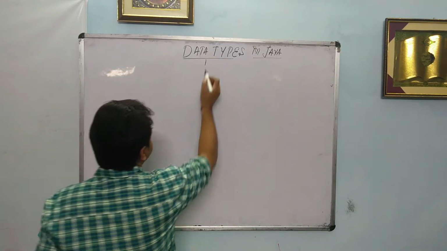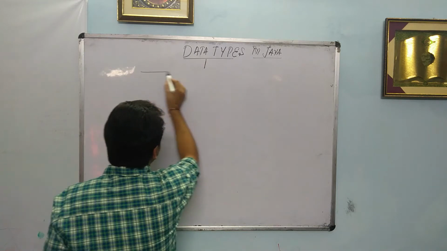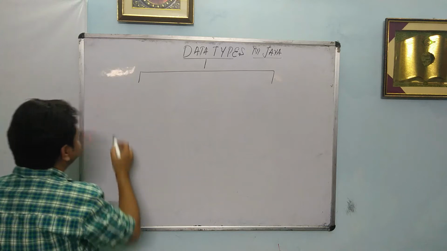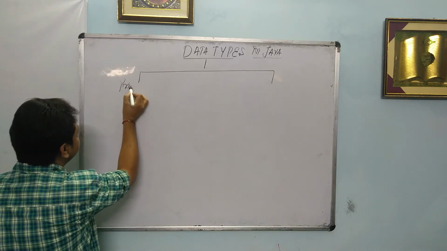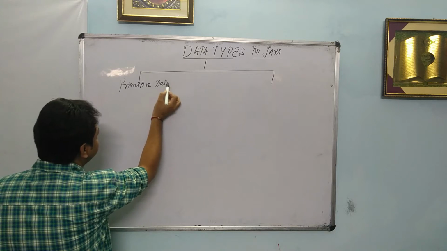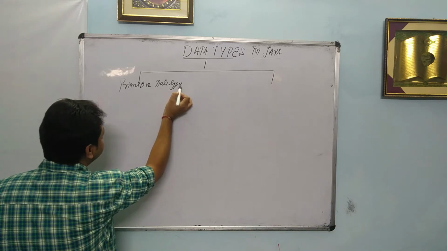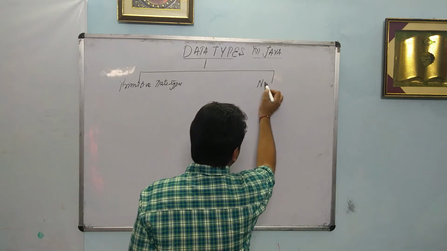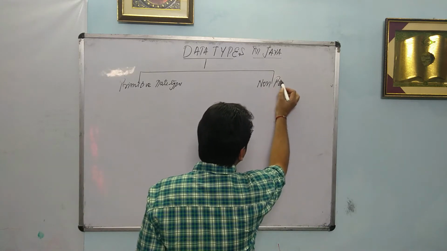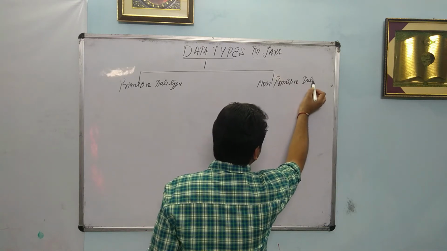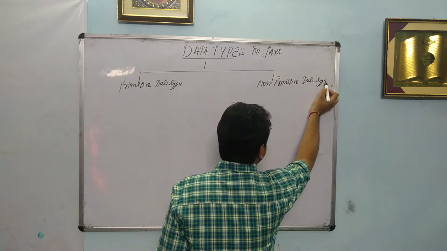Data types are majorly divided into two categories. Number one is primitive data types and the second one is non-primitive data types.